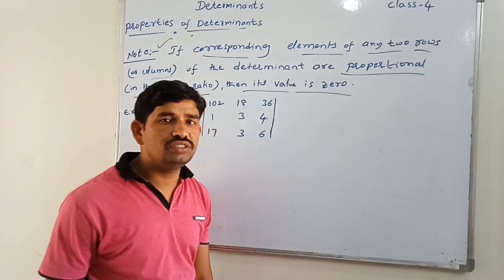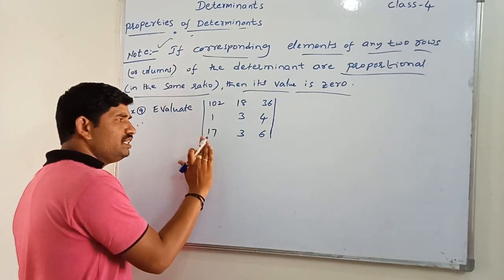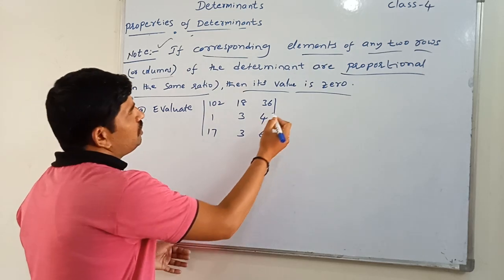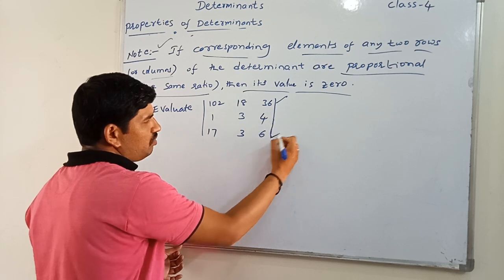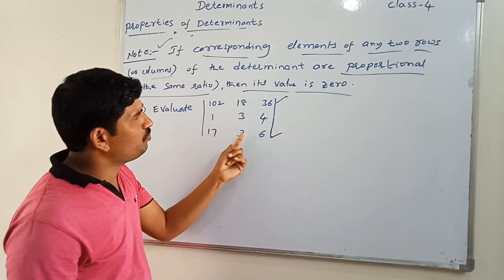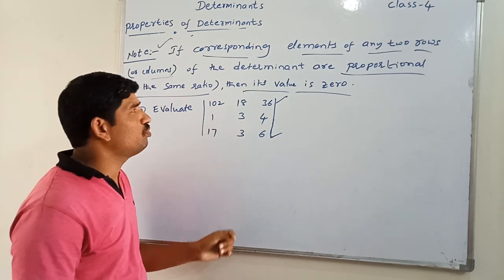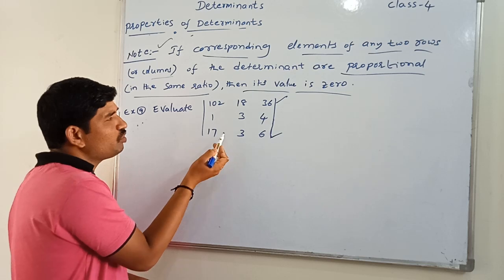When the determinant value is 0 means, suppose we are having the determinant. In this determinant, if the corresponding elements of the two rows, meaning the first row and third row we are taking here, the corresponding elements of the first and third row in the determinant are proportional. Proportional is nothing but what?